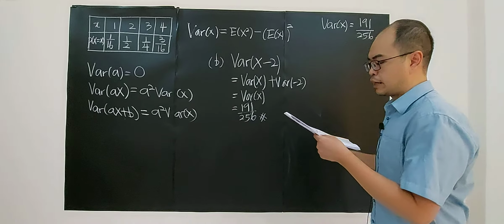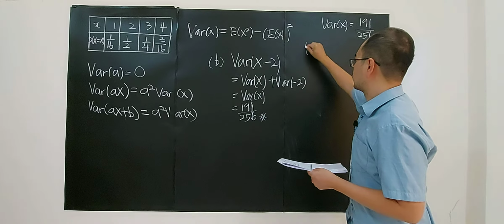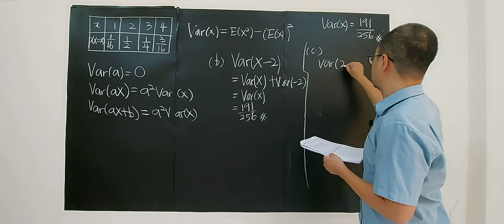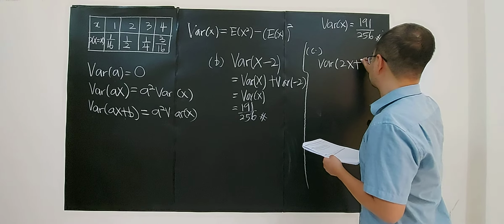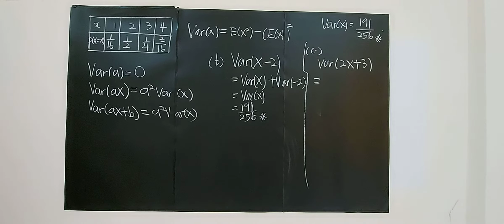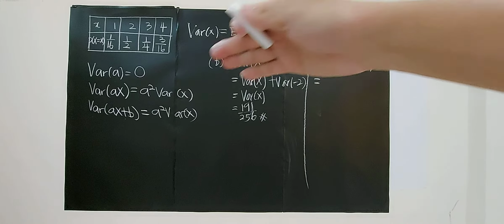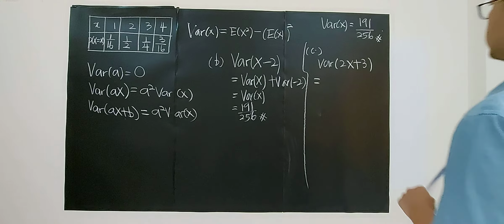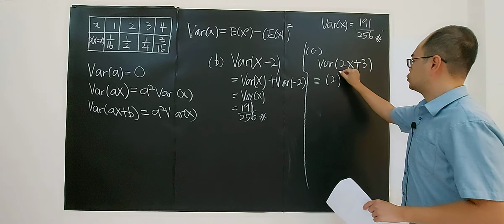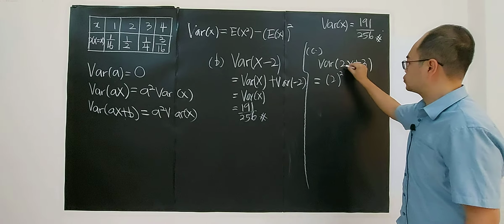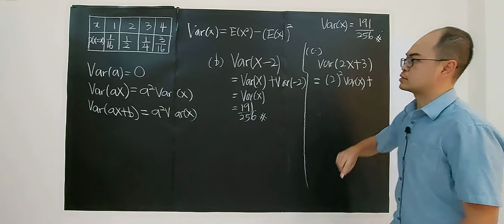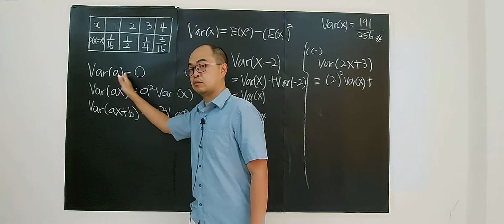Followed by C, which is the variance of 2x plus 3. We apply these rules here. This is a, so we have 2 to the power of 2 times the variance of x, plus the variance of a constant, which will be 0.